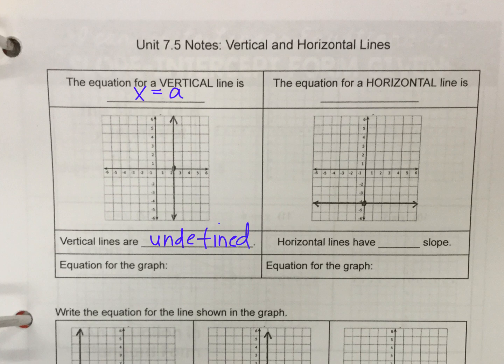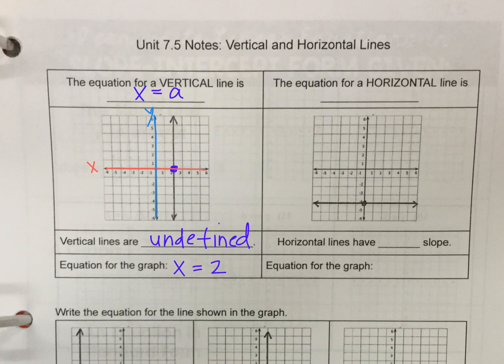And to graph it, I go over 2. So it's x equals 2 because this is the x line. This is the y line. And so that dot is on the x line.